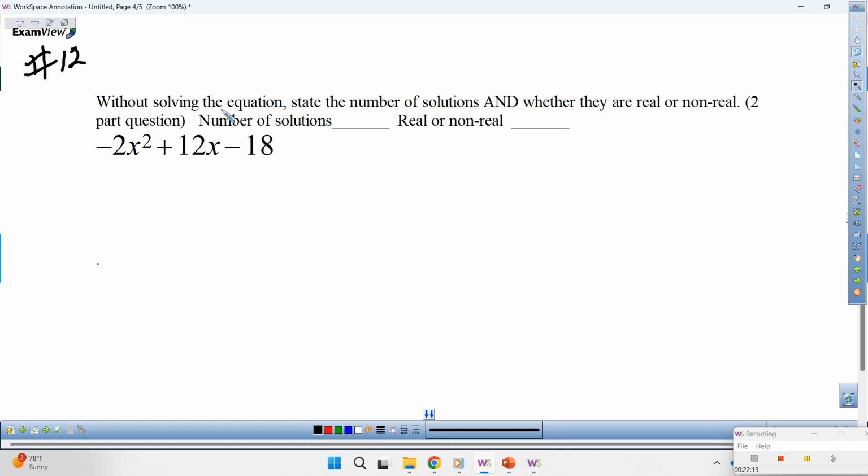And it says, without solving the equation, which is what we just did on the previous problem, don't copy the instructions because you're going to have the study guide with that code. It says, state the number of solutions and whether they are real or non-real. So I want you to write on your paper, number of solutions, blank, real or non-real, blank. Write that down, please, as well.